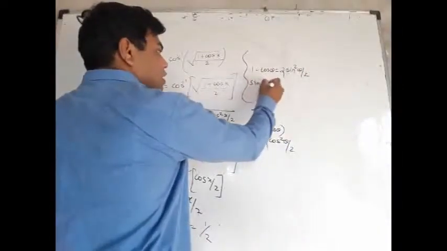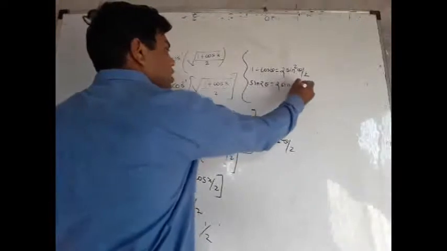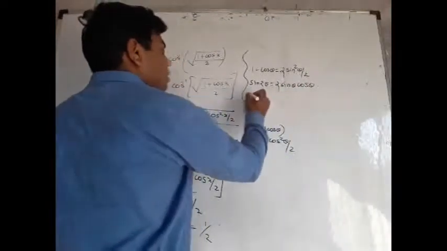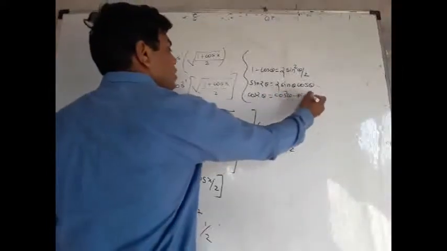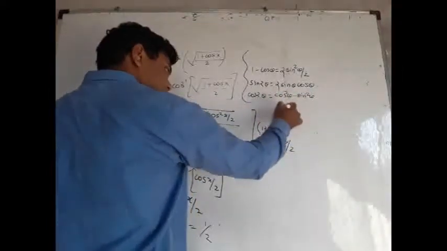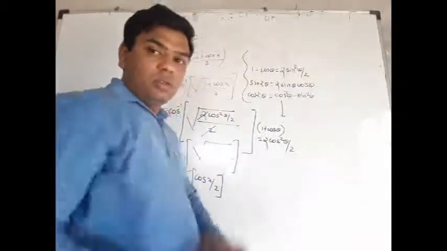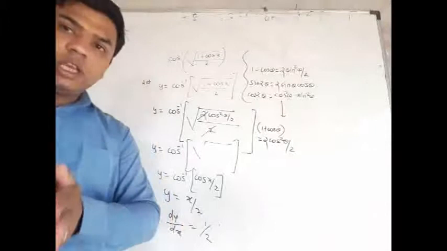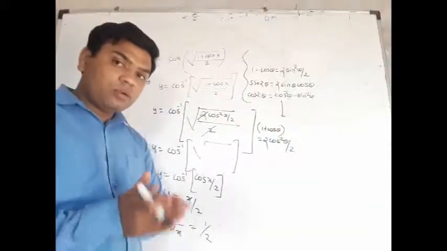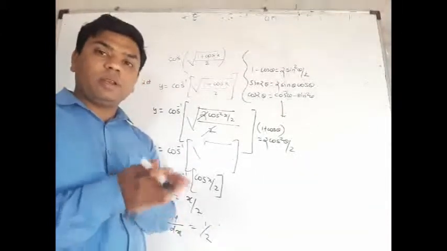Sin 2 theta is equal to 2 sin theta into cos theta. Cos 2 theta is equal to cos square theta minus sin square theta. Or also you can change this. These formulas are used to convert the inverse function to the specific trigonometric function.